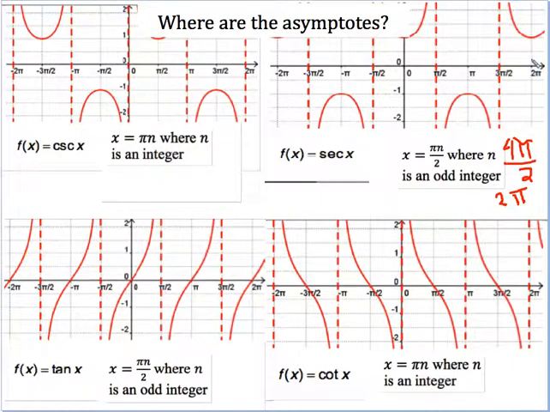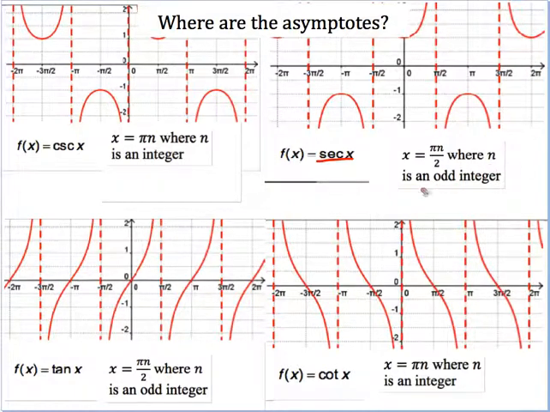Well, if you look at 2 pi, you do not have an asymptote there. So if you have secant, then your n always has to be an odd integer. It just means an odd whole number, because at the even whole numbers you won't have an asymptote, okay?